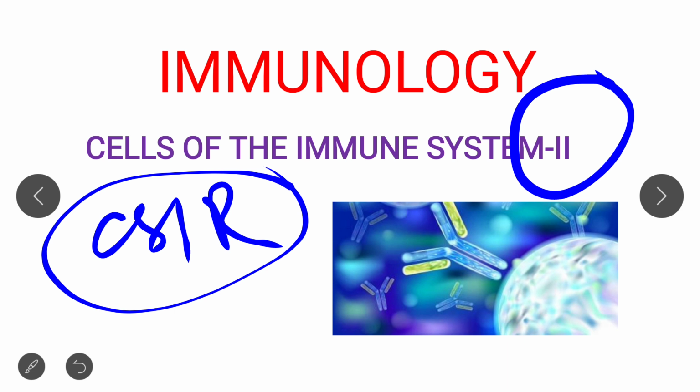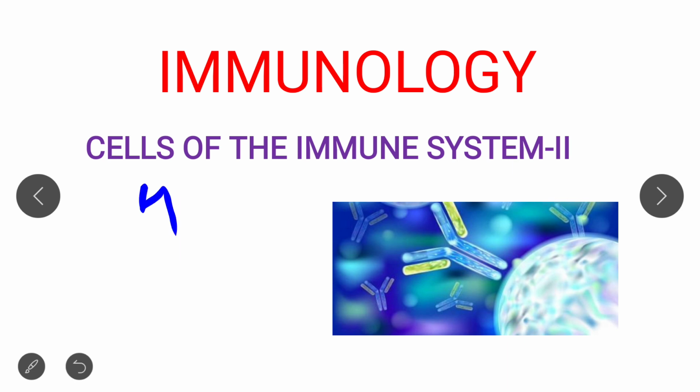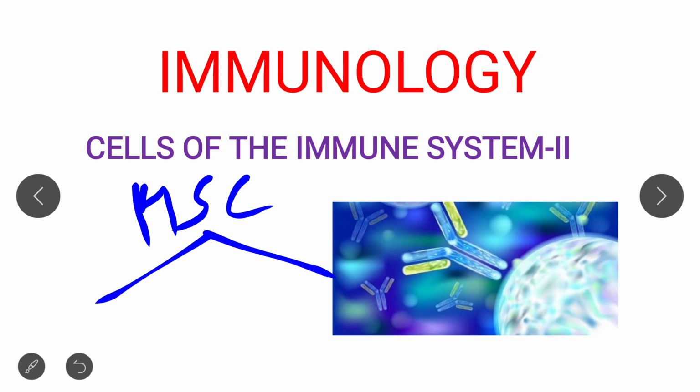In the first part we discussed totally about the lymphoid progenitor cell. As we already taught, the hematopoietic stem cell is the origin of all these cells, and hematopoietic stem cells are of two types: one is lymphoid progenitor and one is myeloid progenitor.